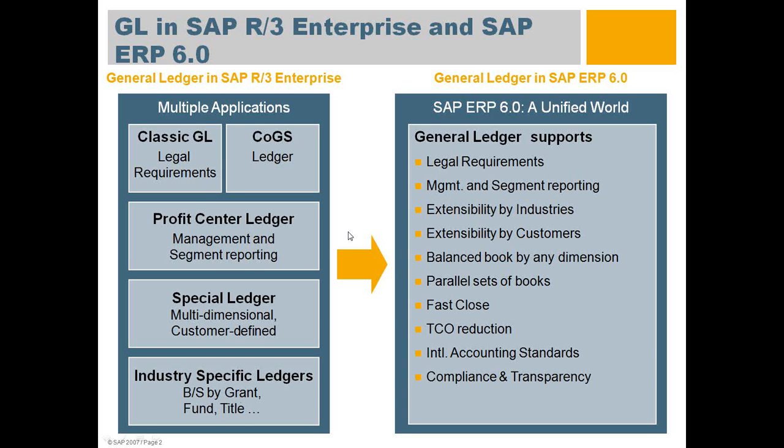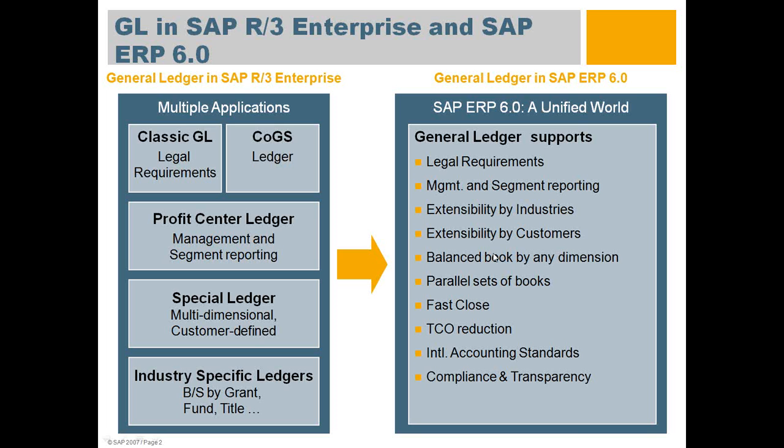So what New GL does is it consolidates all these ledgers into one common single unified ledger. It meets all the legal requirements, mostly GAAP versus IFRS. In the special ledger, people create separate accounts for GAAP and separate accounts for IFRS, and they try to report based on different legal requirements.